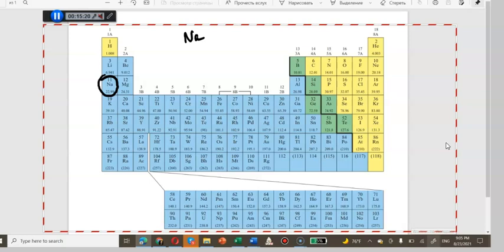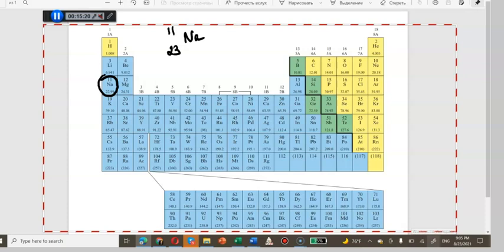And in this cell, there are two numbers, 11 and 22.99. I'm going to round up this to 23. This is the way you will be doing this on your own. So 11 and 23. This is the way it is written in the periodic table.